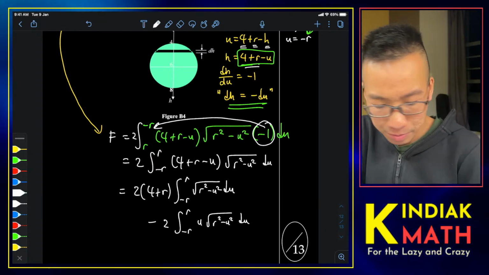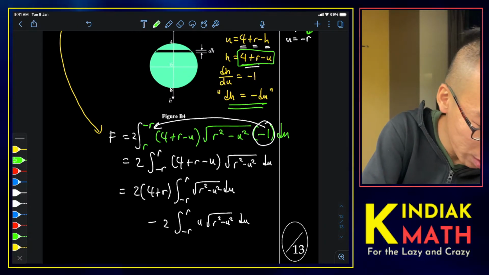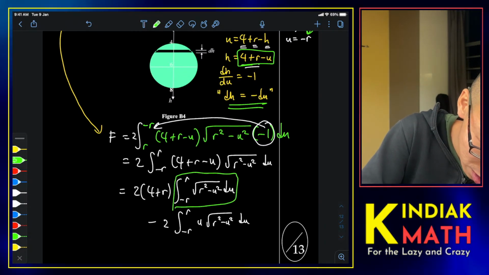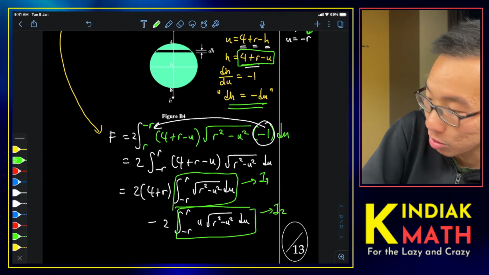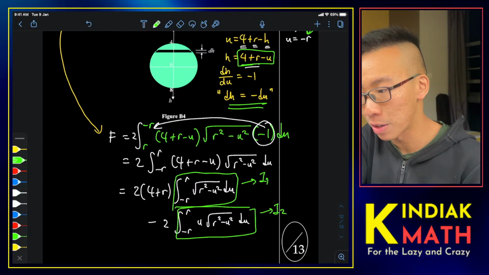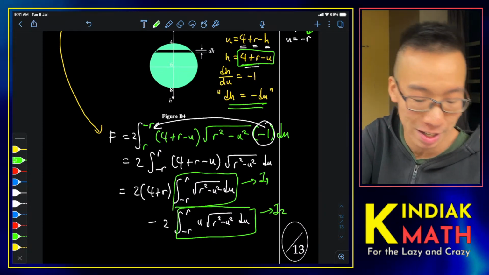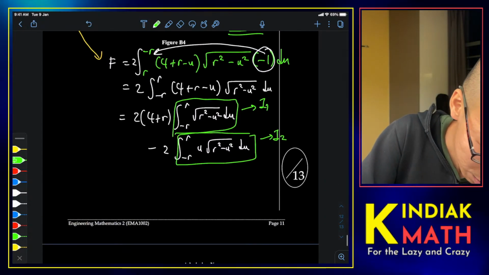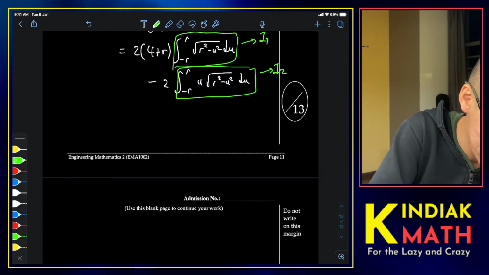Now where we have two integrals, I could call this integral 1 and this integral 2. So let's just calculate each of these integrals, and once we are done, we would have our final answer.